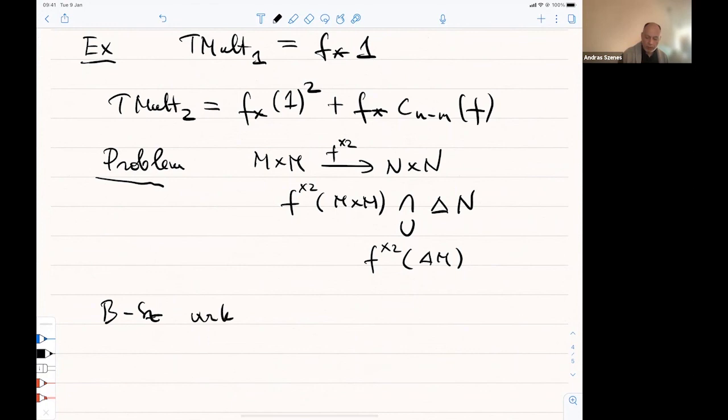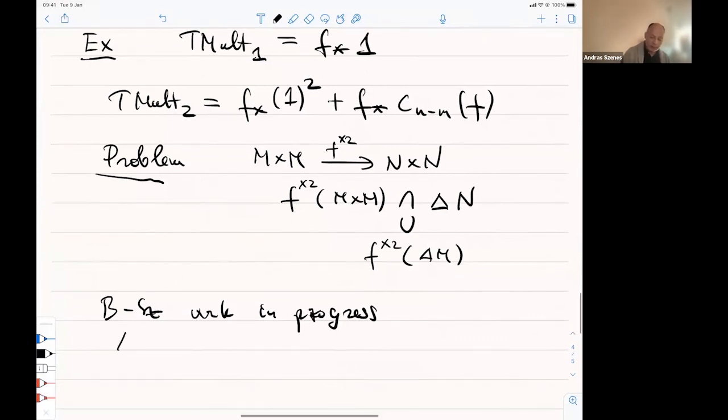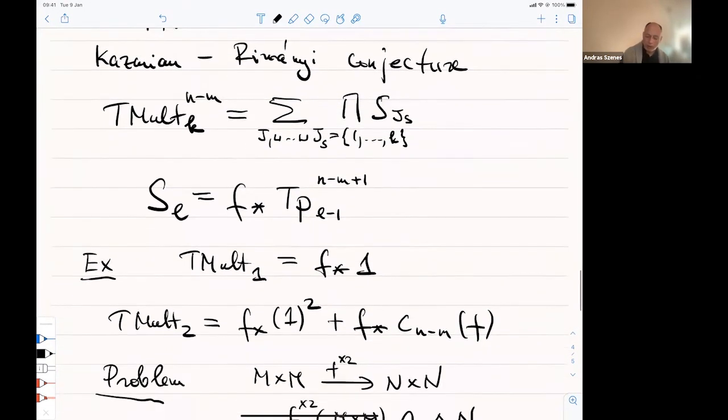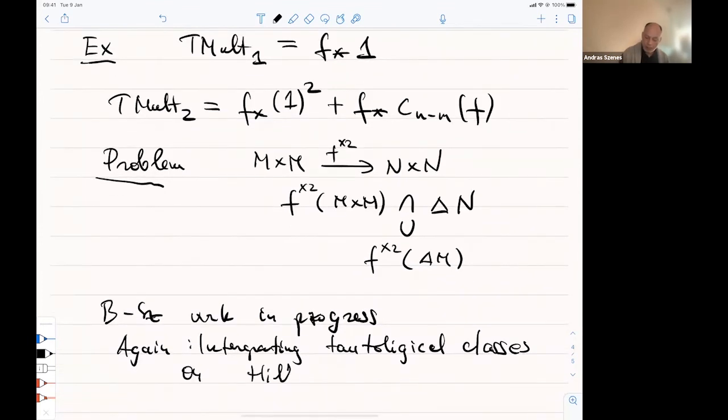It is based on a special technique of integrating these tautological integrals, classes, on the Hilbert scheme that I introduced a minute ago, Hilb^K of M, where you need to take K points on M, which is a very complicated space.